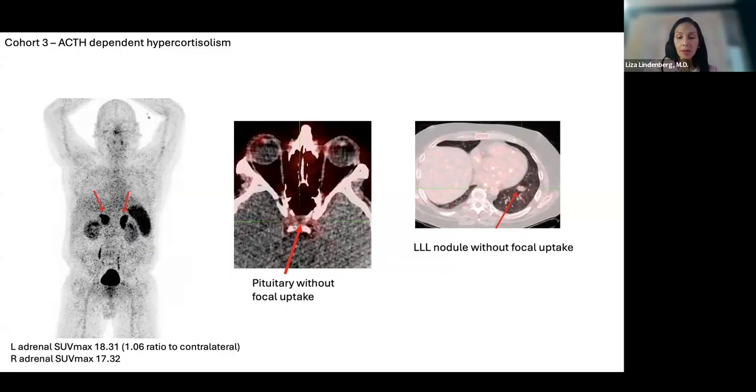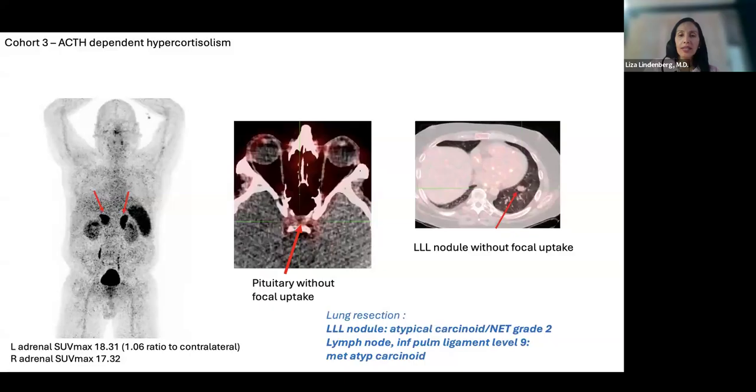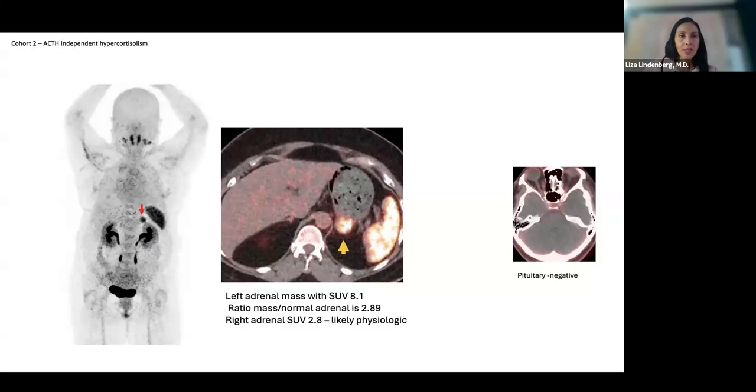So it's coming from somewhere, and it did show up that this lung resection was an atypical carcinoid. And there was also a lymph node that did not have uptake. So they were producing the ACTH, but they did not have the CXCR4 overexpression, which is really very interesting.